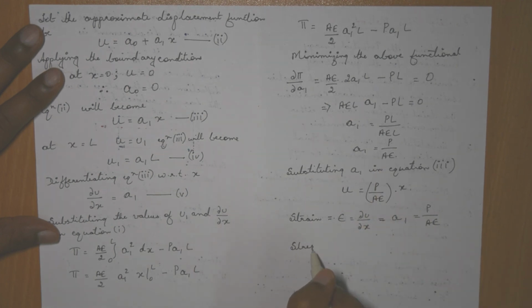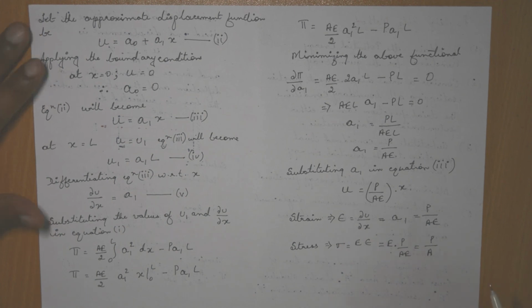Stress, sigma, is equal to Young's modulus into strain epsilon, which is E into epsilon, that is A1, which is P by AE, giving P by A, the formula which we are familiar with. So this completes the solution for the first numerical.